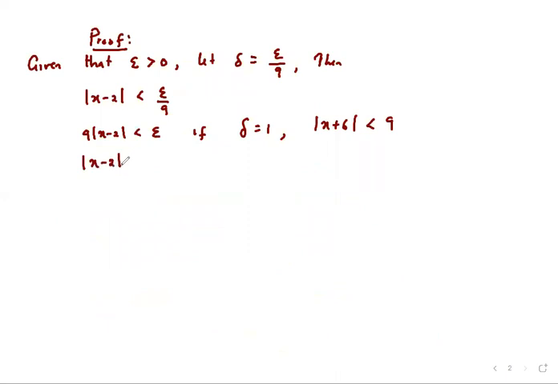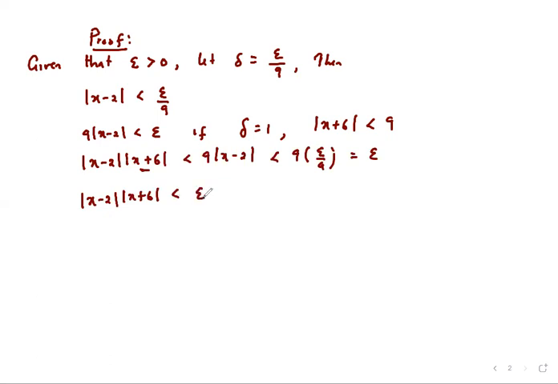And then we bring back the product, |x plus 6|. So this becomes, since this guy is less than 9, less than 9|x minus 2|. But remember, we're saying this guy is less than epsilon over 9, which is just equal to epsilon. So now it has turned out that |x minus 2||x plus 6| is less than epsilon.